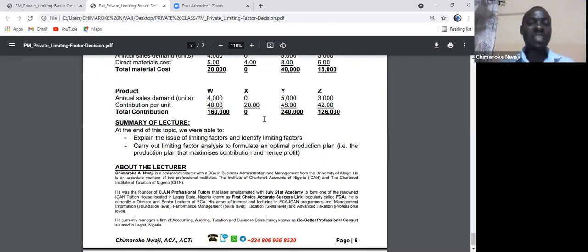We have to identify the factors. We carried out a test to see which of the available factors is the scarce resource.